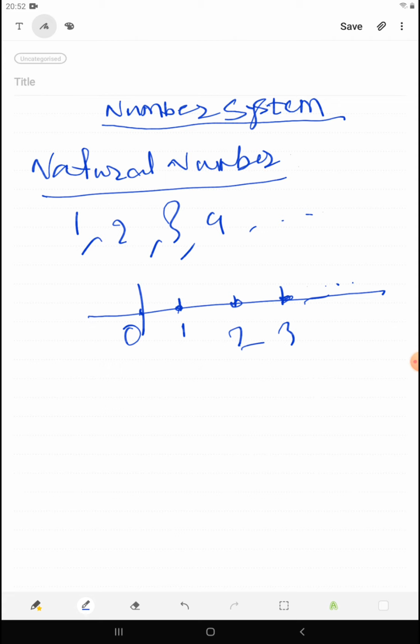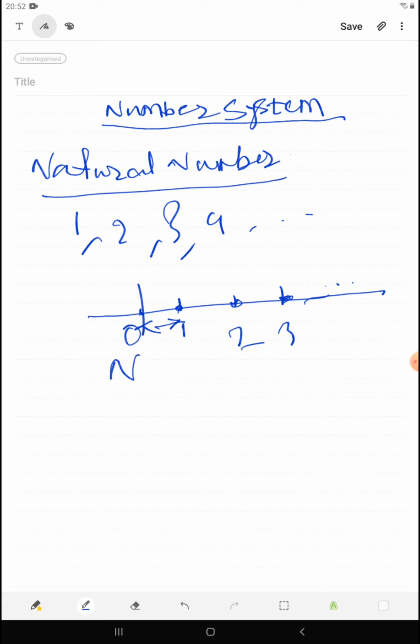When we plot it, it's only the points that represent natural numbers. It's not the spaces between. If you are between 0 and 1, then it becomes a real number, which we are going to discuss further. So a natural number is a counting number like 1, 2, 3, 4. It is represented as N, capital N.